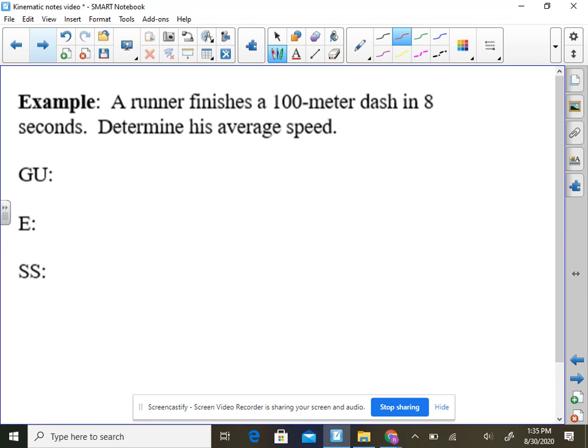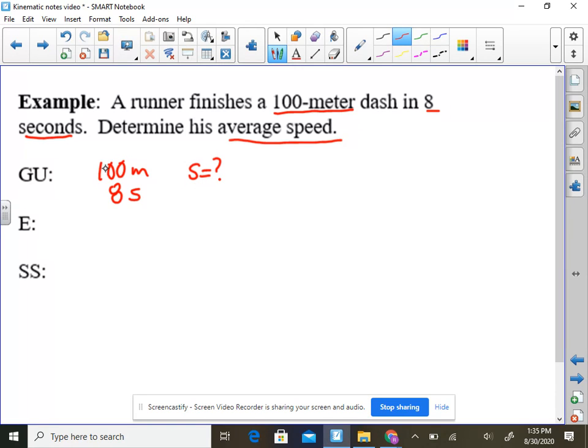So if we have a runner finishing a 100-meter dash in 8 seconds, determine his average speed. And so the things that stand out to me, 100 meters, 8 seconds, and I'm looking for his average speed. And so my givens are 100 meters, 8 seconds, and my unknown is speed.